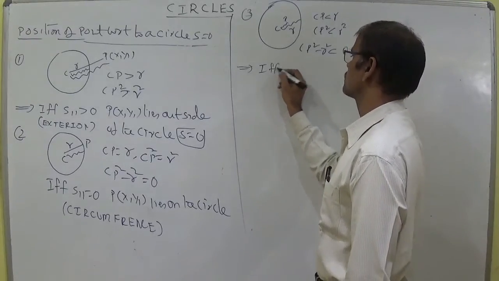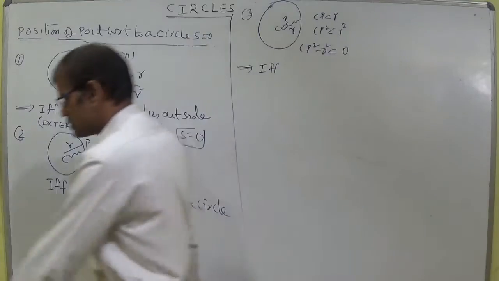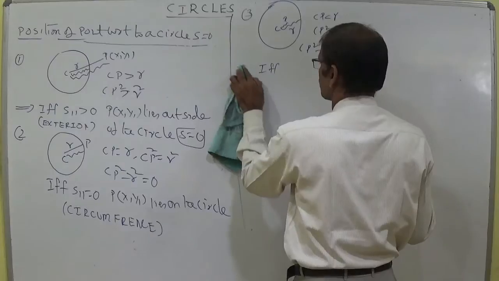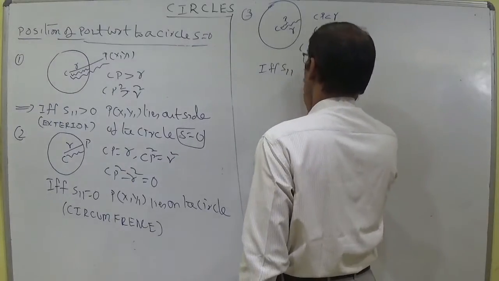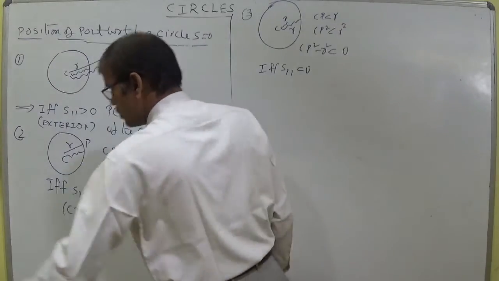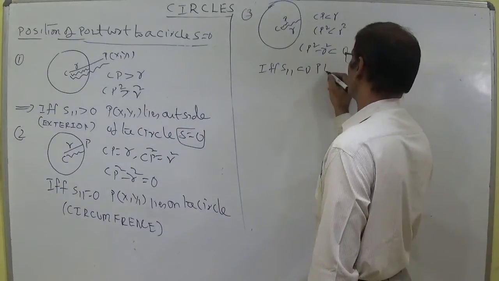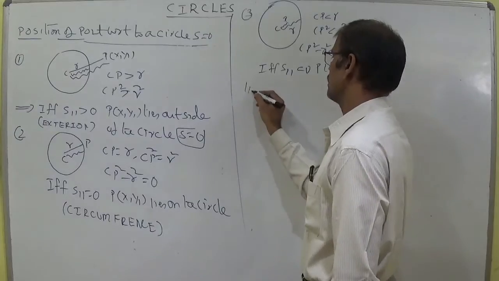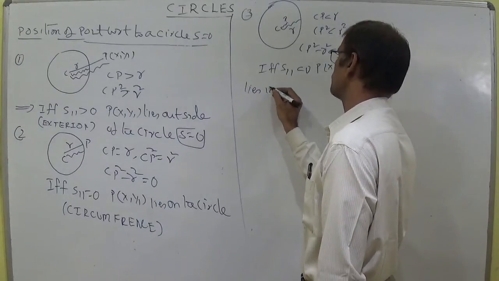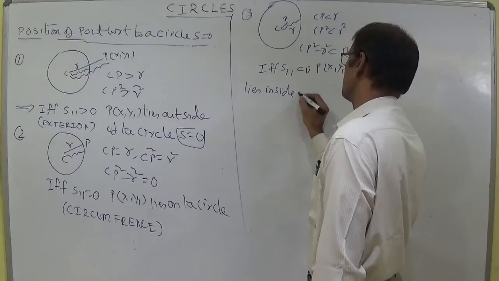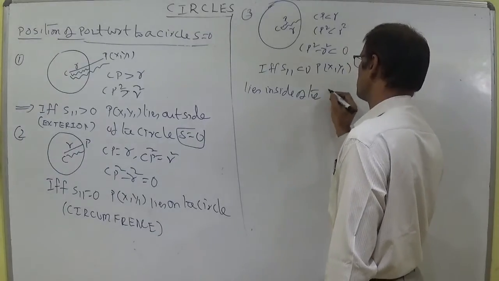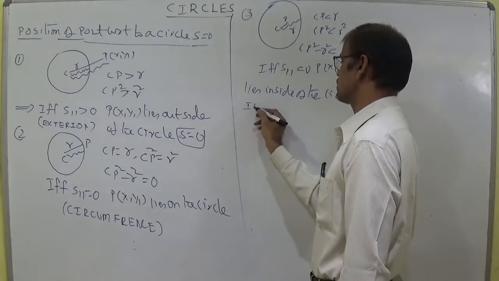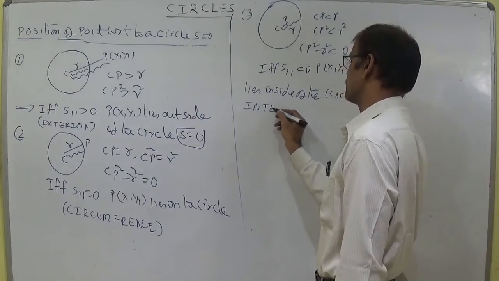Then that implies, IFF means if and only if, S11 less than 0, the point P(x1, y1) lies inside of the circle, or the name is interior point.